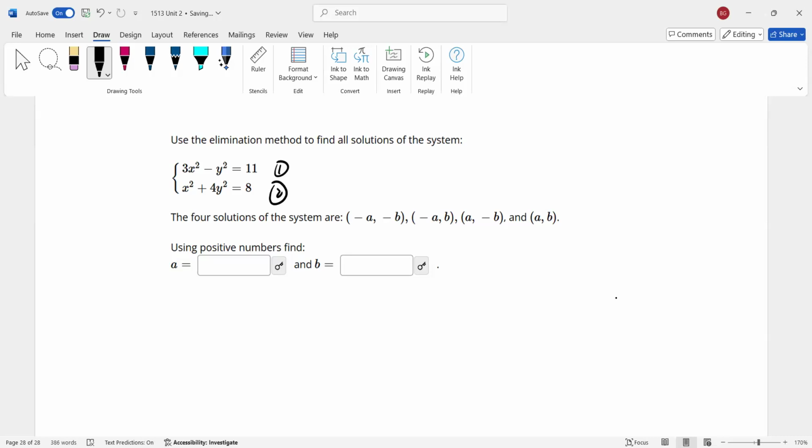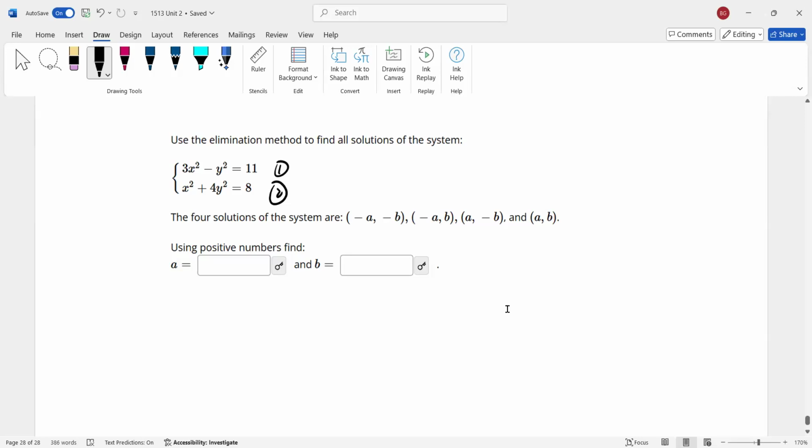Equation 2 is an ellipse. But you don't have to know this, okay? In your Lumen, you can use the graphing calculator to figure out the graph for each equation. I can tell that equation 1 represents a hyperbola. Equation 2 actually is an ellipse, and we need to solve this system.